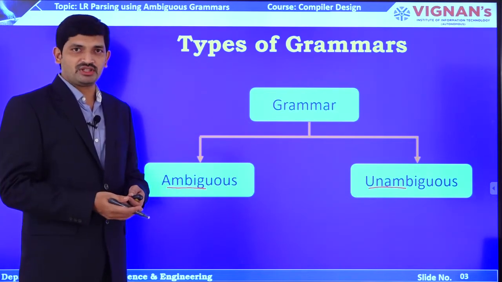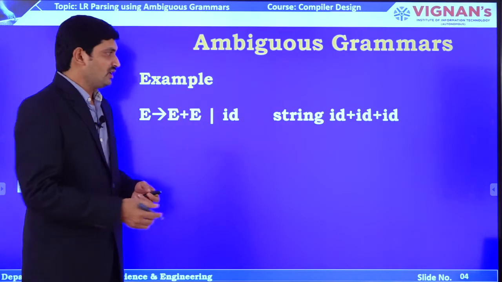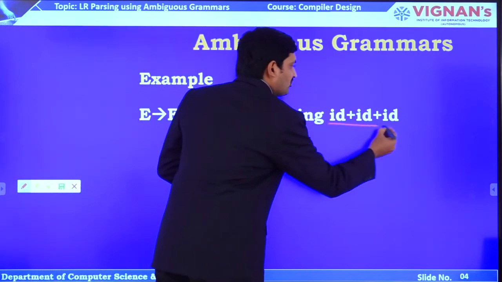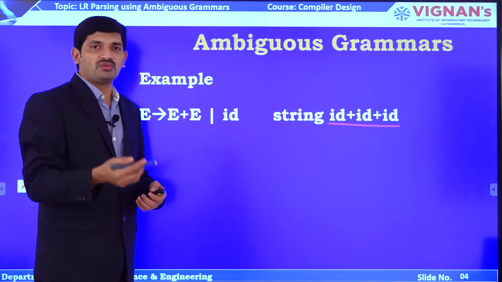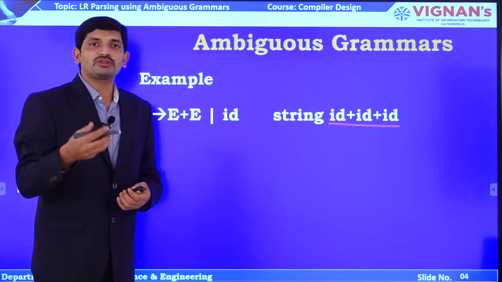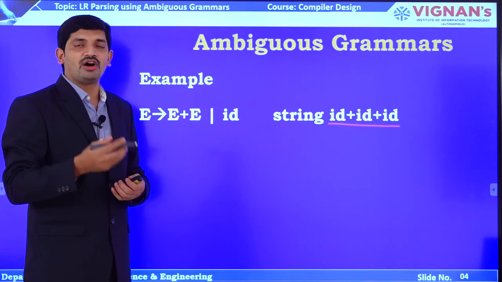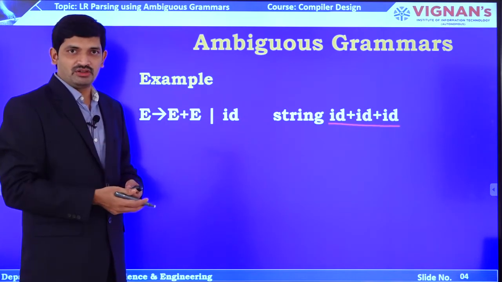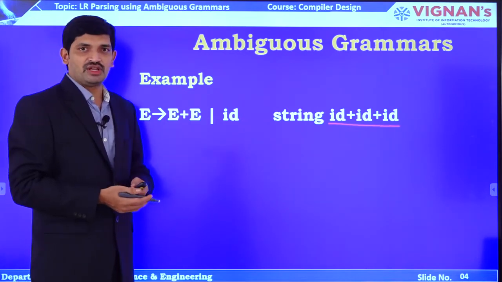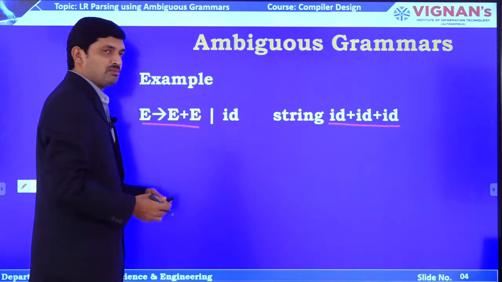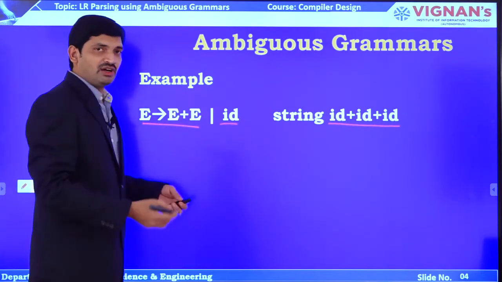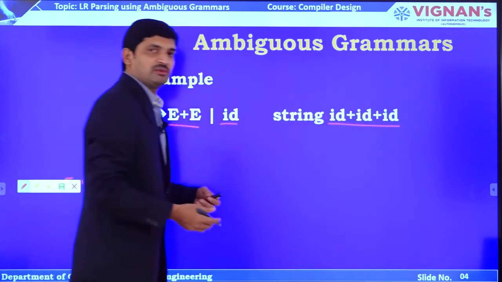with ambiguous grammar? For a given grammar, if I want to derive the string id plus id plus id, and there is more than one parse tree, or more than one leftmost derivation tree, or more than one rightmost derivation tree, such a grammar is known as an ambiguous grammar. Let us say my grammar is E tends to E plus E or id. I want to generate the string id plus id plus id.